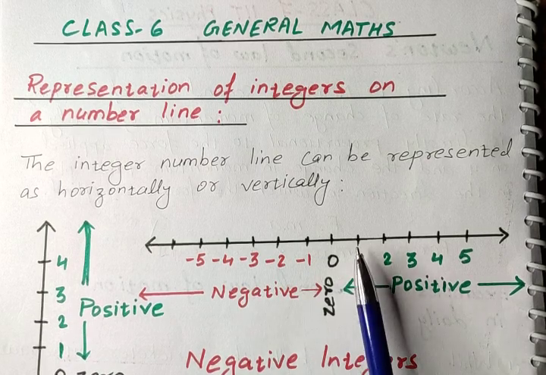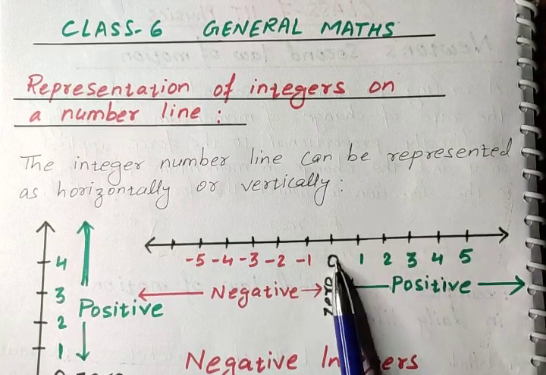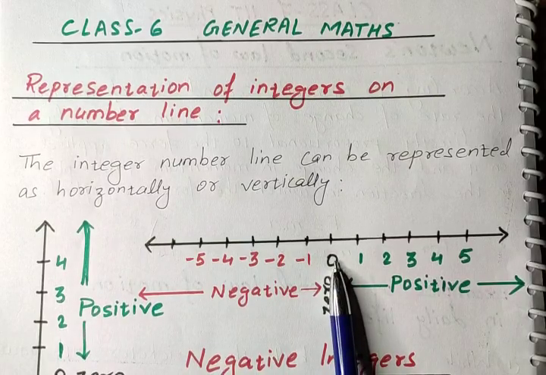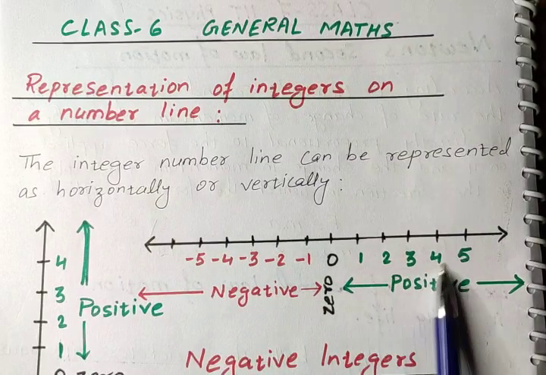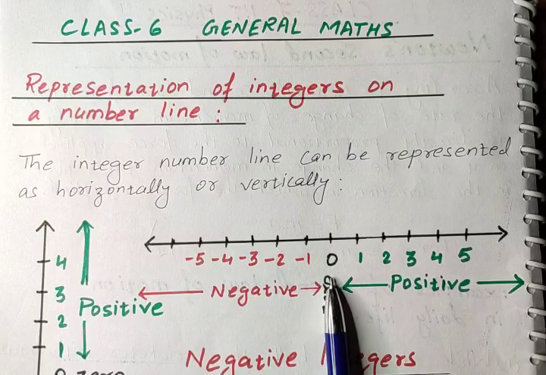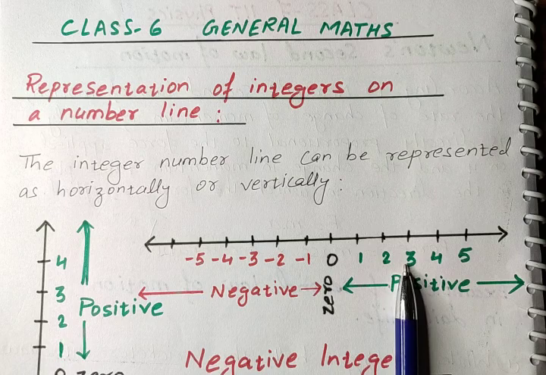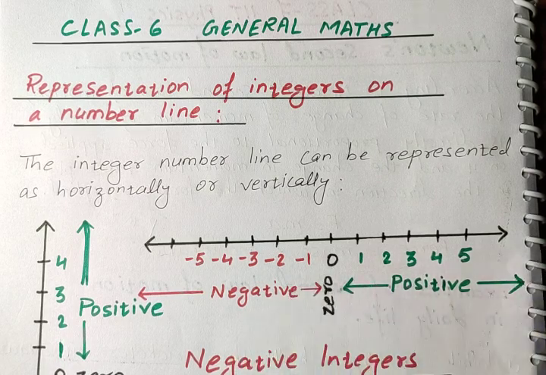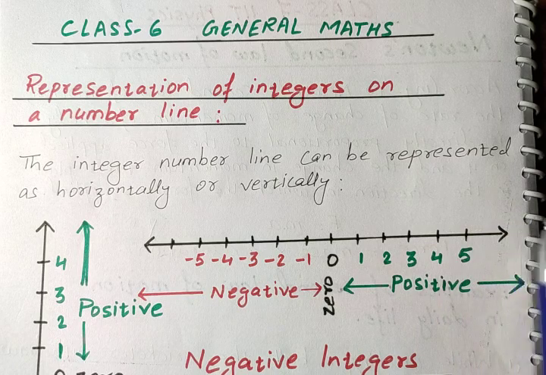Okay, so on the number line, when we represent integers, 0 lies in the middle of the number line. Then on the right side are positive integers. These positive integers' value is more than 0. Remember children, on the number line when we go right side, value increases.